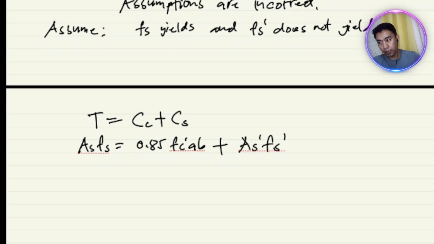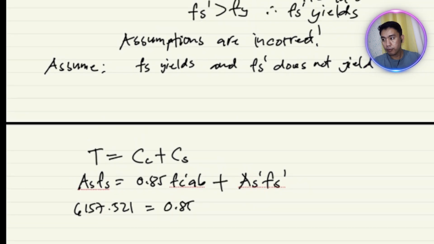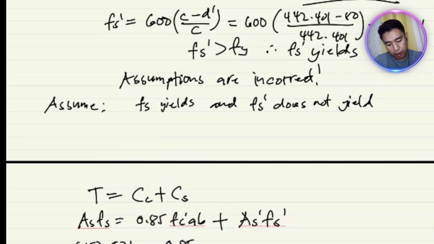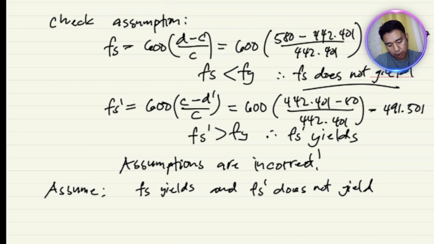Okay? So we have As is 6157.521 equal to 0.85 of Fc prime. Sorry. Tension still. Mali pala. Ang assumption natin, mali pala, sorry. Dito, ang result natin is ang tension still does not yield.